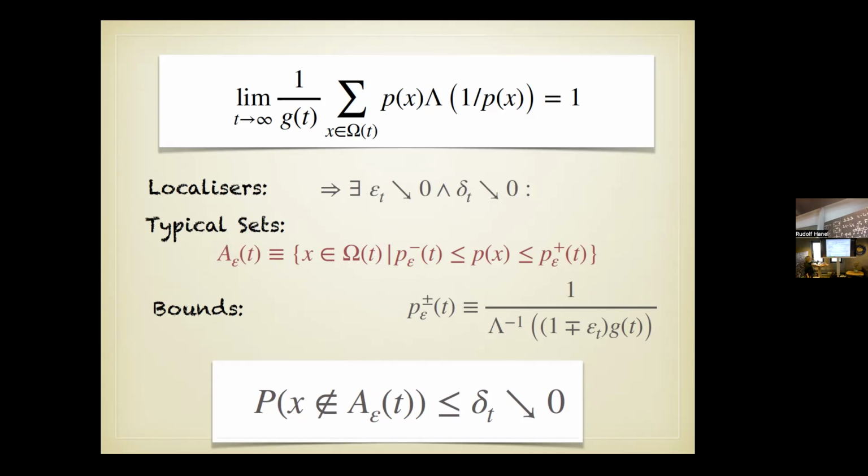Now the little x are all the possible realizations of paths in the sample space up to time t. So we sum over all these possibilities with the respective probability p of x, and then this expectation value should go to 1.